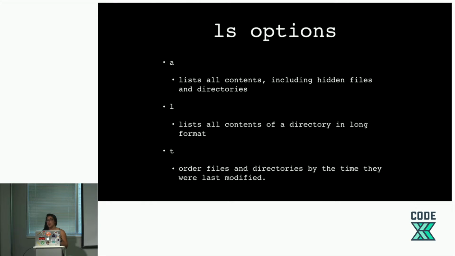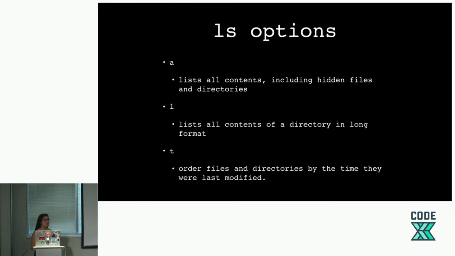So ls takes options. To give command line options, you give it a dash and then the option you want. If you give it -a, it lists all the contents, including hidden files and directories. Hidden files and directories are named with a dot.